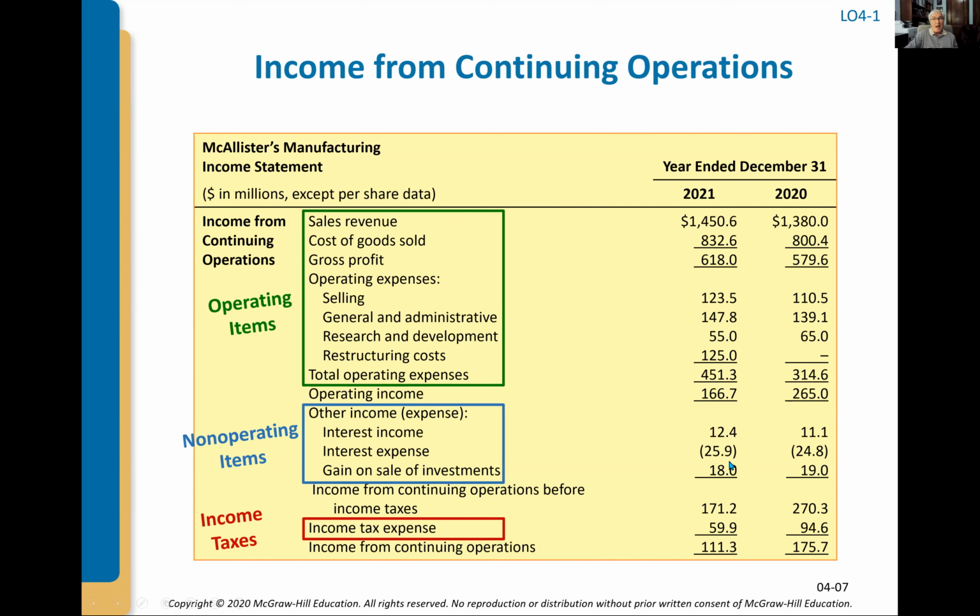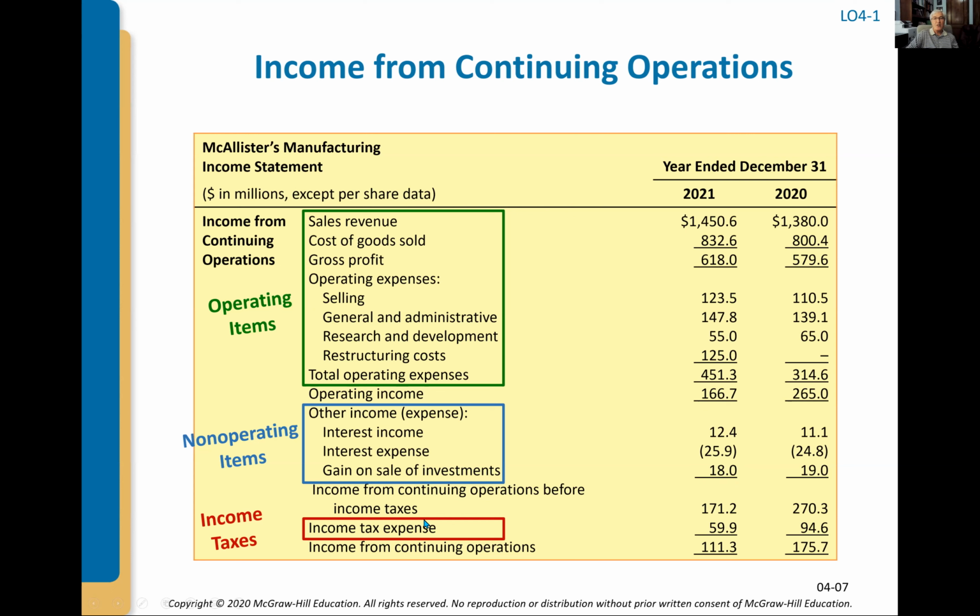These other things still matter because they could be gains or losses for shareholders, gains being credits, good for owner's equity, losses being debits or deductions from owner's equity and deductions from operating income. So we have another subtotal here, income from continuing operations before income taxes, 171.2 million here.